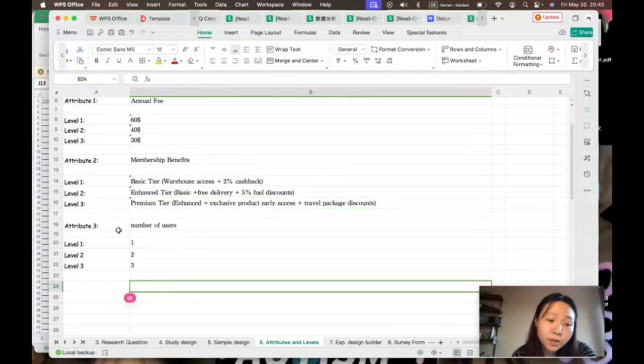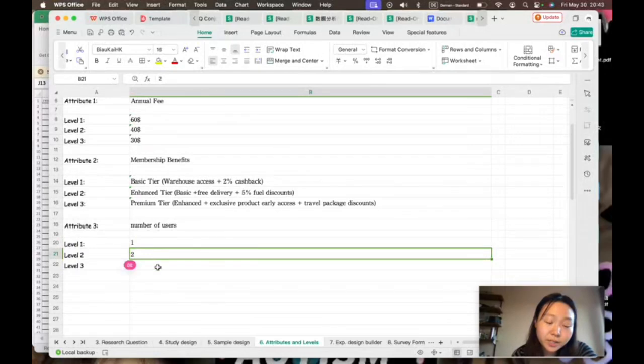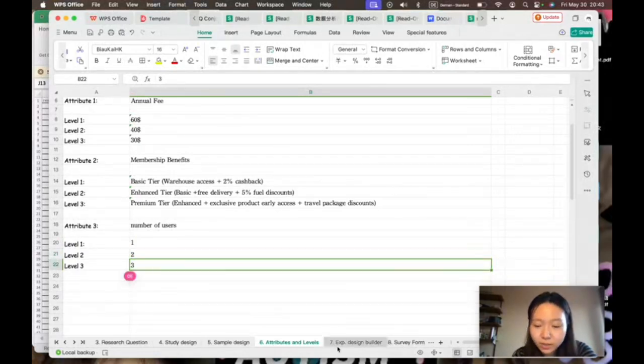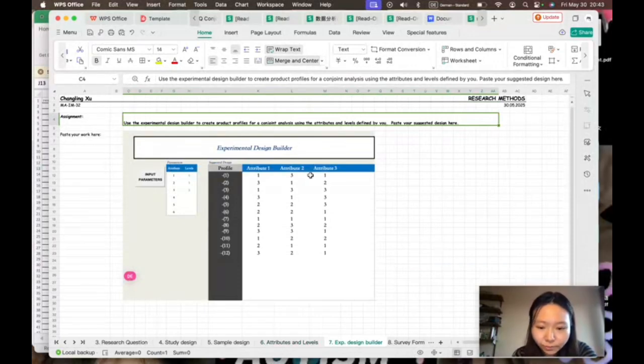The third attribute is the number of users: one user, two users, or three users you can choose. Seventh is my design builder.